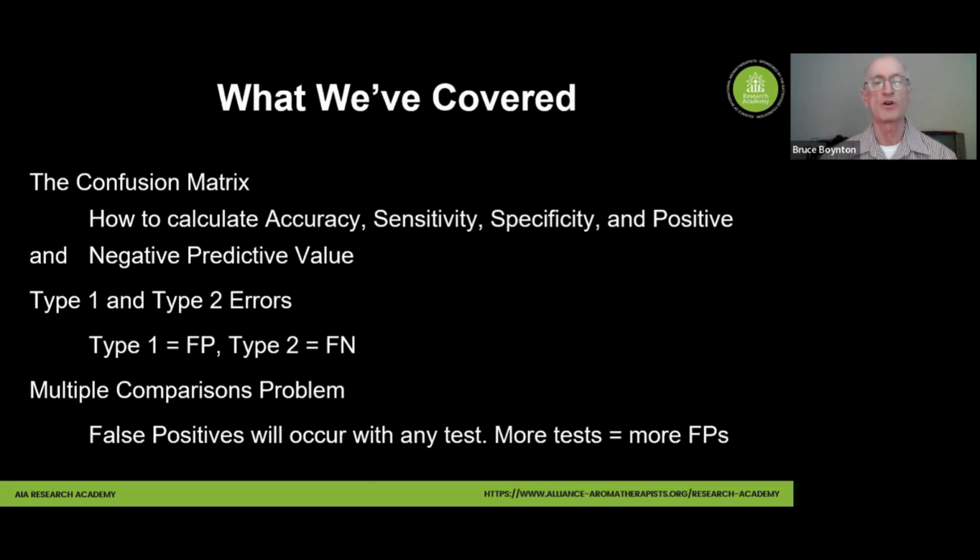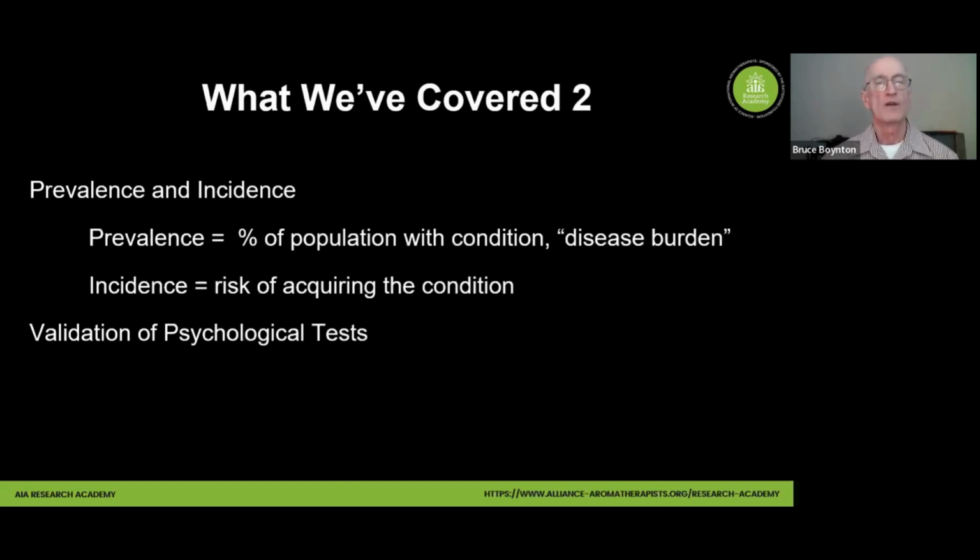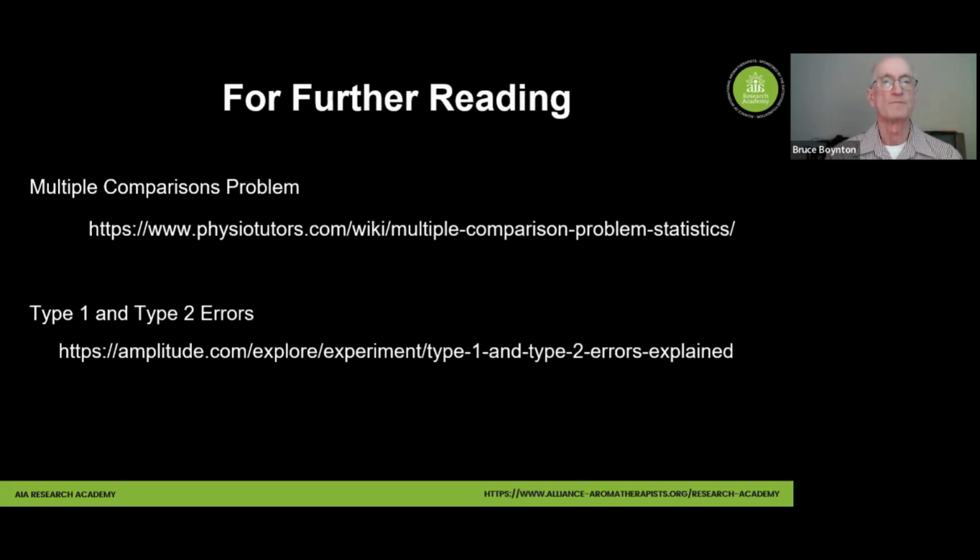False positives will occur with any test. The more tests you do, the more false positives you're going to get with any test. We talked about prevalence, which is the percent of the population with the condition, and incidence, the risk of acquiring the condition, and the validation of psychological tests.